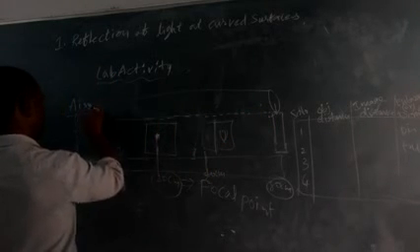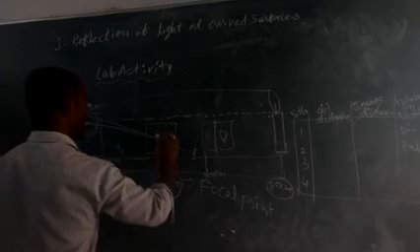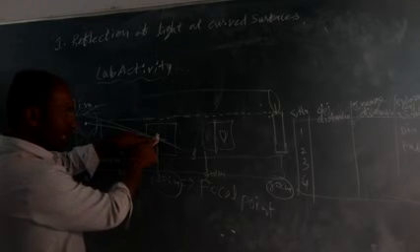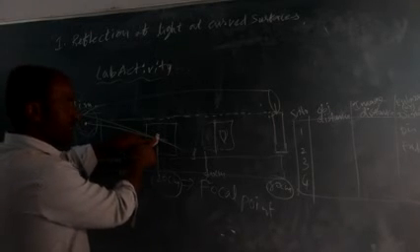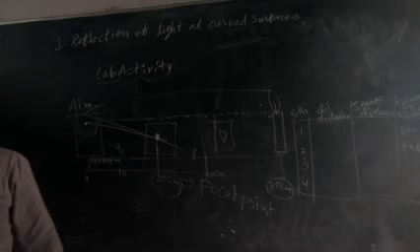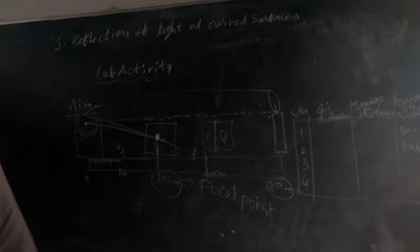After reflection, both will intersect at this point. This intersection of the two rays gives the image. That is given in figure 7, page number 7.